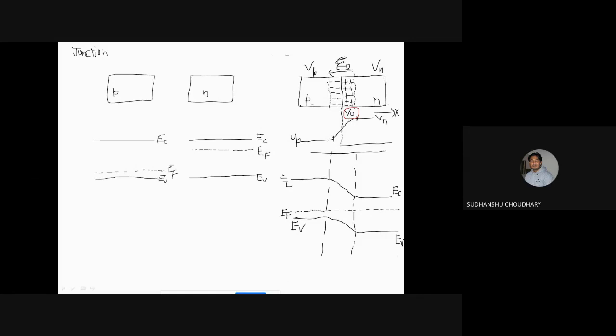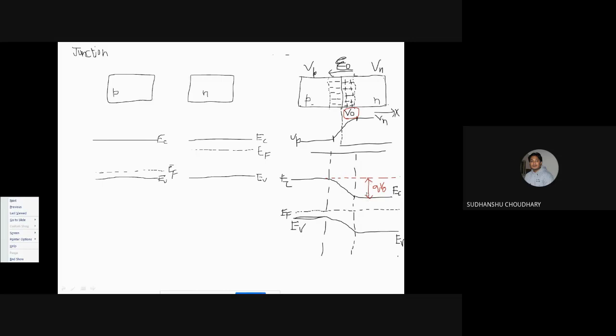So the effect of this electrostatic potential is that I now see an energy barrier across the junction, which is equal to QV naught. So I have an energy barrier existing across the junction.